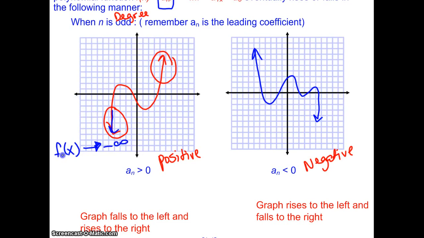So on the left side, f of x goes to negative infinity as x goes to negative infinity, because when you're talking about the left side, that refers to your x values. On the right side, since you're talking about the right side, your x is going towards the right, positive infinity. What's your graph doing? It's going up. So f of x approaches positive infinity.